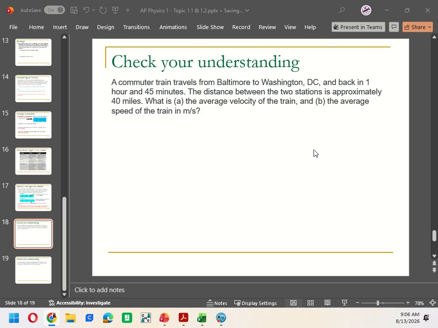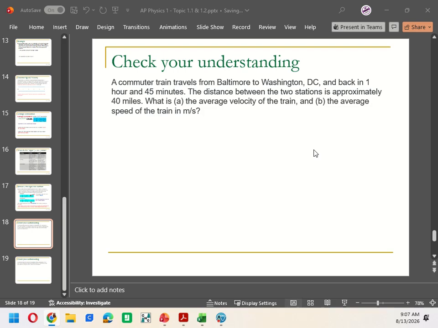My time is going to be 105 minutes. So that's going to give me 0 meters per minute. Is it meters or miles? Miles, sorry. Miles per minute. So this is all part A.